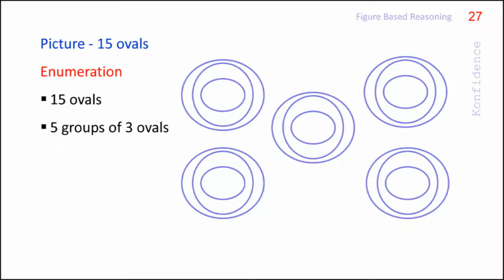Each group has 3 kinds of ovals, one large, one medium, one small. So, there are 5 large ovals, 5 medium ovals, and 5 small ovals. Yes, this is what enumeration is.